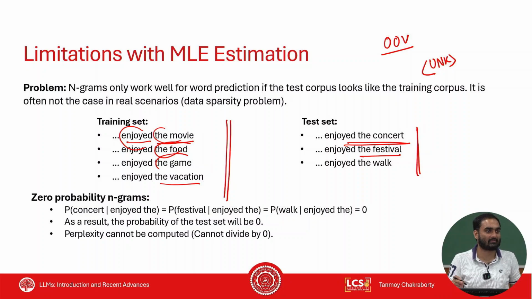This UNK corresponds to all the entries of the vocabulary whose frequency is below the threshold. Now whenever you encounter a new token in a test set, you first fetch the probability corresponding to UNK from the training set, and you use this to measure the probability.